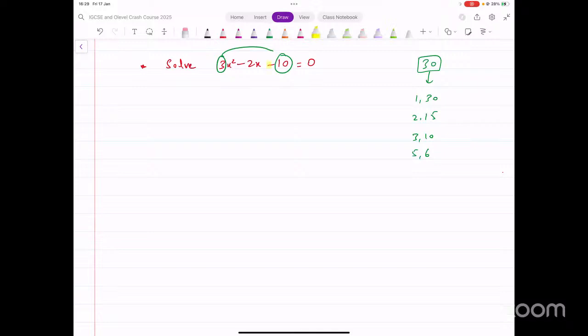And we have a negative sign here. That means we have to subtract one of these set of factors such that it gives us the number in the middle, which is 2. Now, how can we get that? Well, it's not possible, right? This is giving us 7, this is giving us 1. 2 is not possible. So this equation cannot be factorized.